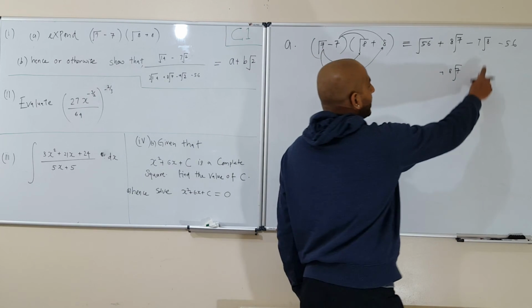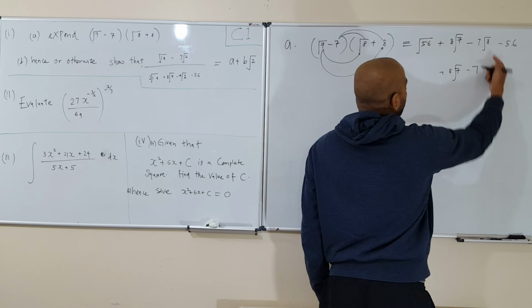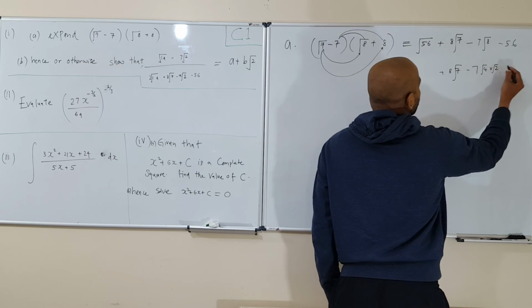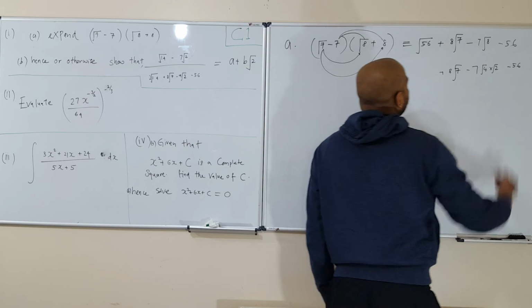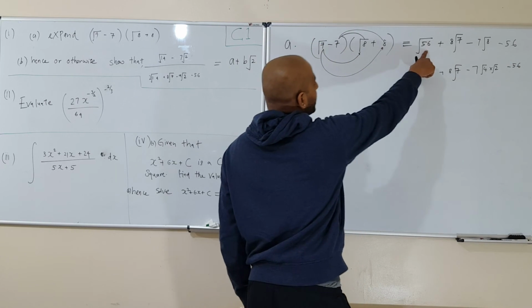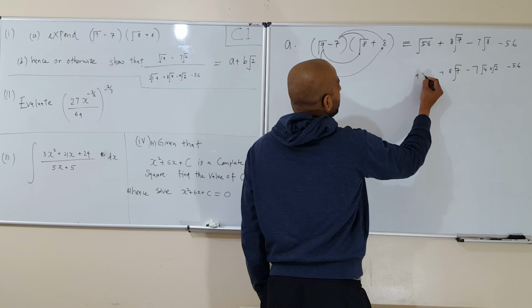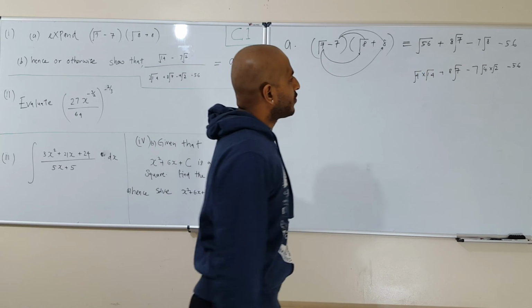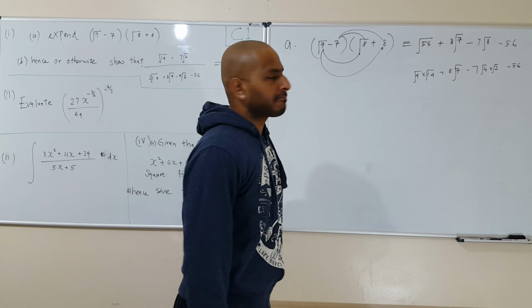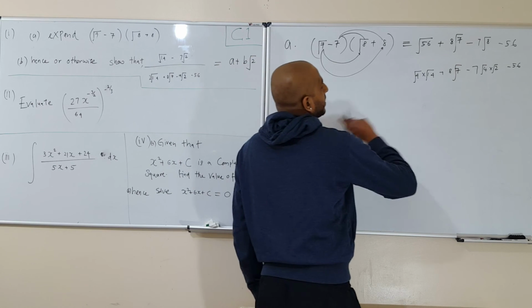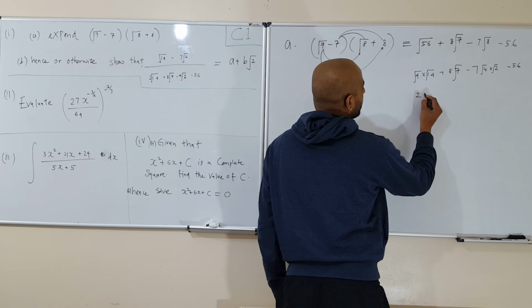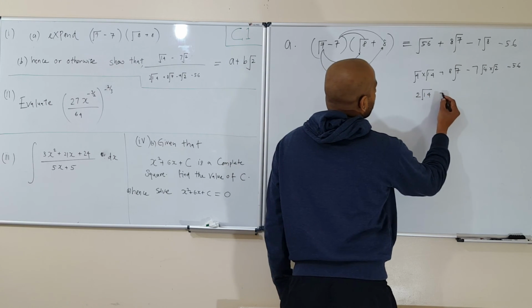But we can simplify this one, saying root 8 can be written as root 4 times 2, and root 56 can be written as root 4 times 14. Root 4 basically equals 2, so you're going to get 2 root 14 plus 8 root 7.